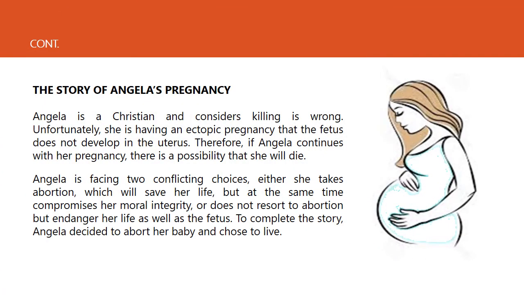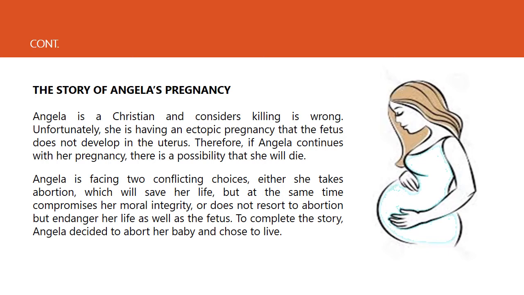Let's study the case of Angela. Angela is a Christian and considers killing wrong. Unfortunately, she is having an ectopic pregnancy, in which the fetus does not develop in the uterus. Therefore, if Angela continues with her pregnancy, there is a possibility that she will die.